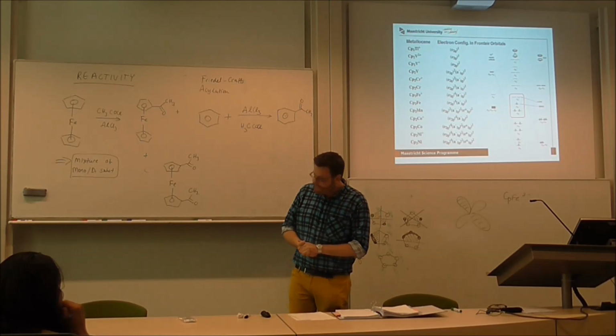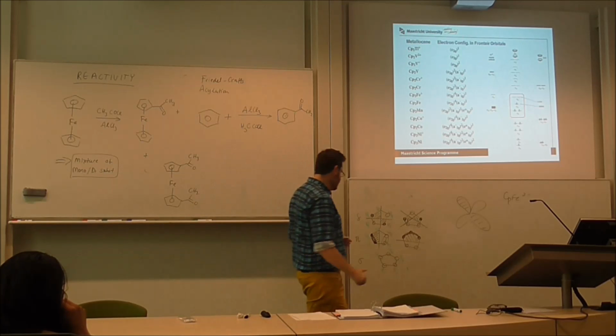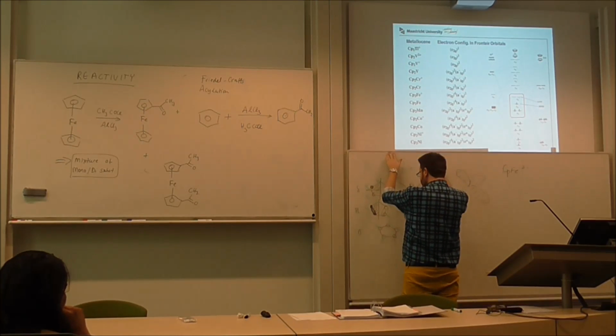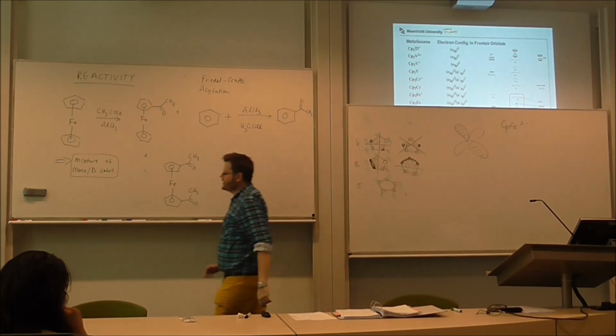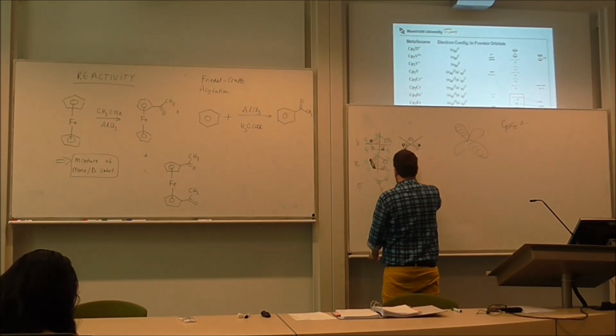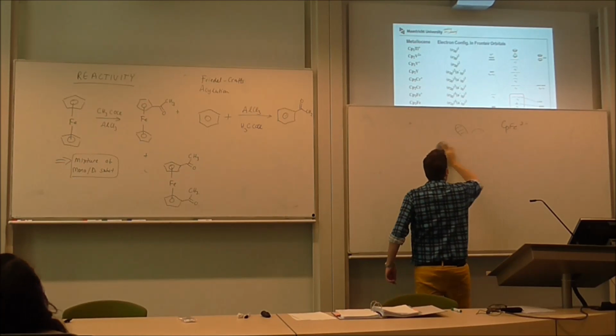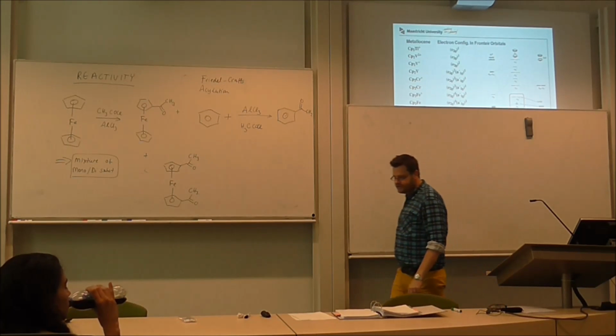Now, another very interesting reaction associated with ferrocene, which anyone that works with ferrocene would have done, is the lithiation thereof. So you can lithiate ferrocene. How do we lithiate something? Lithiation.